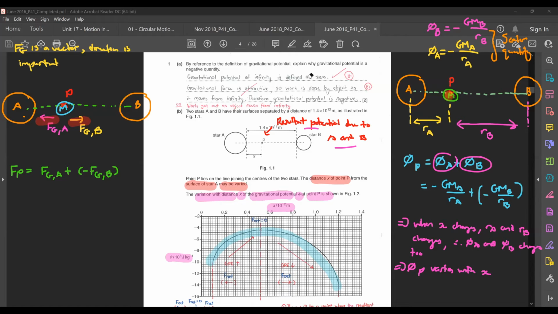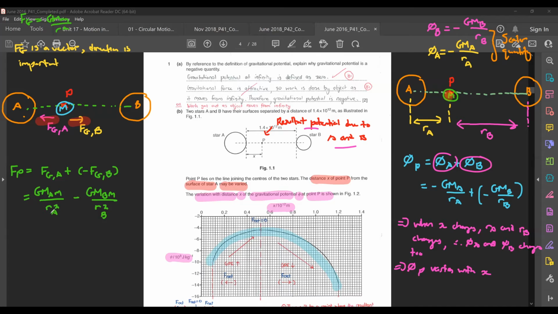Another thing I should mention is this. Let me write the answer here. Gravitational force is GMm over r squared. So this one will be GMA m over rA squared minus GMB m over rB squared.